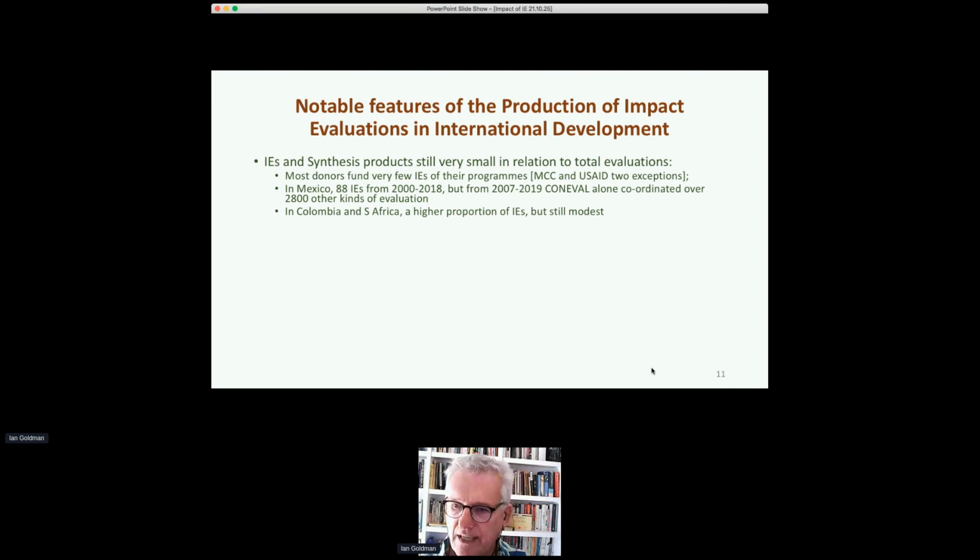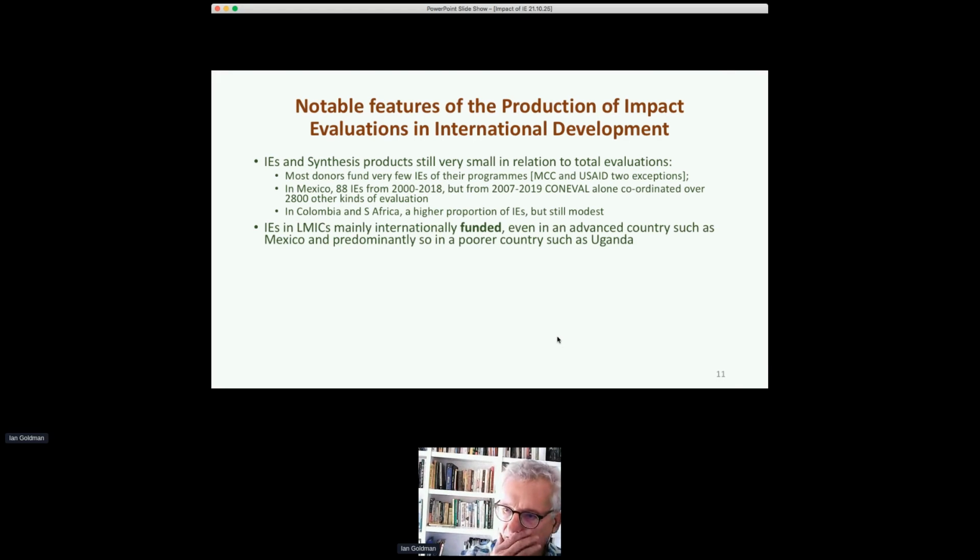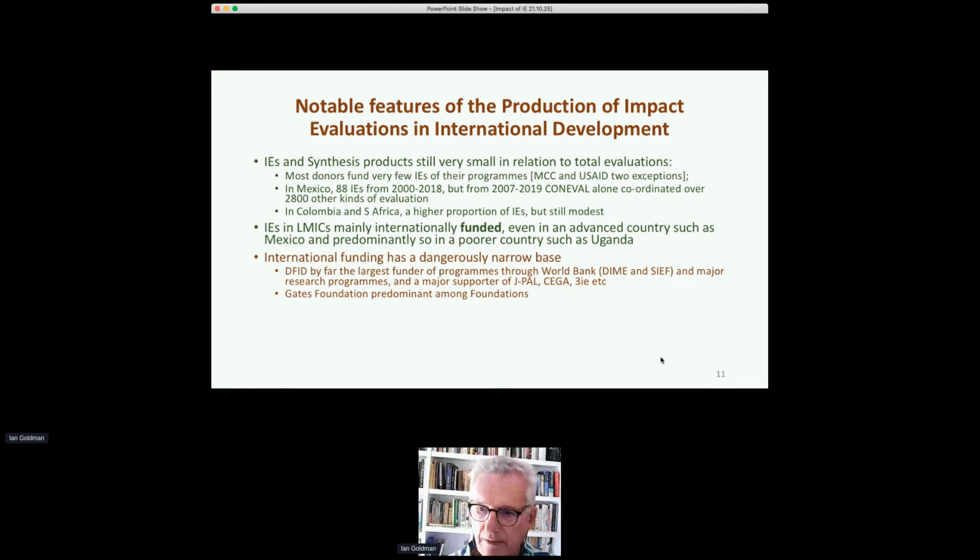We could see this from the donor side. We could see it from the countries we looked at, like Mexico or Colombia or South Africa. We could also see that the IEs in LMICs are mainly internationally funded, even in middle-income countries like Mexico, and that the international funding has a dangerously narrow base.